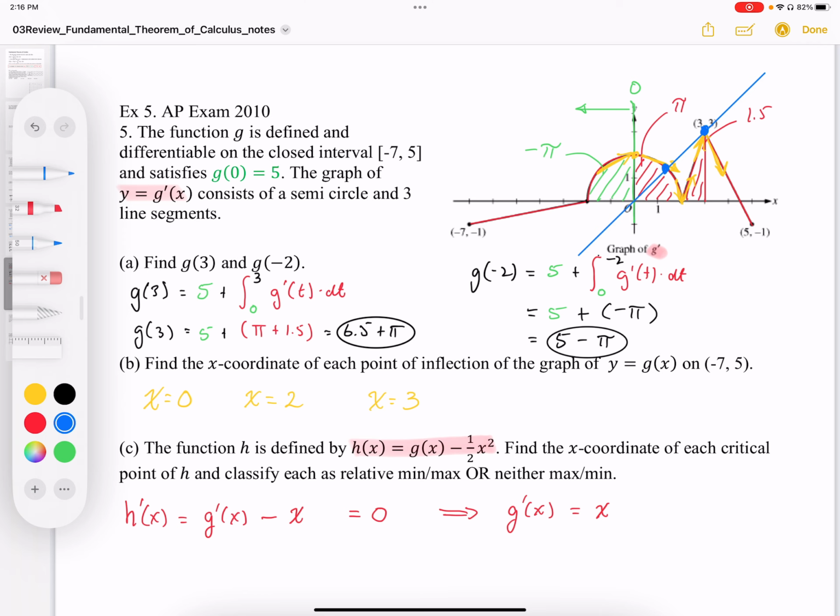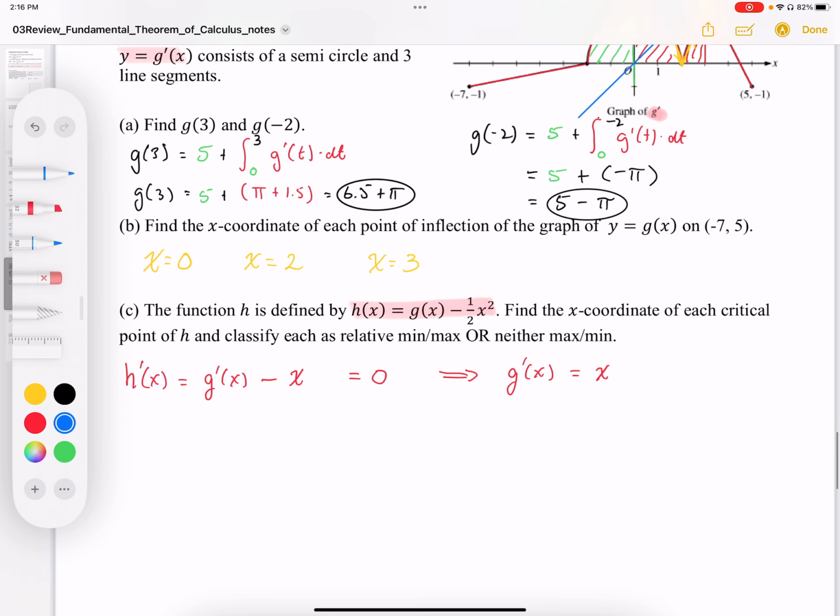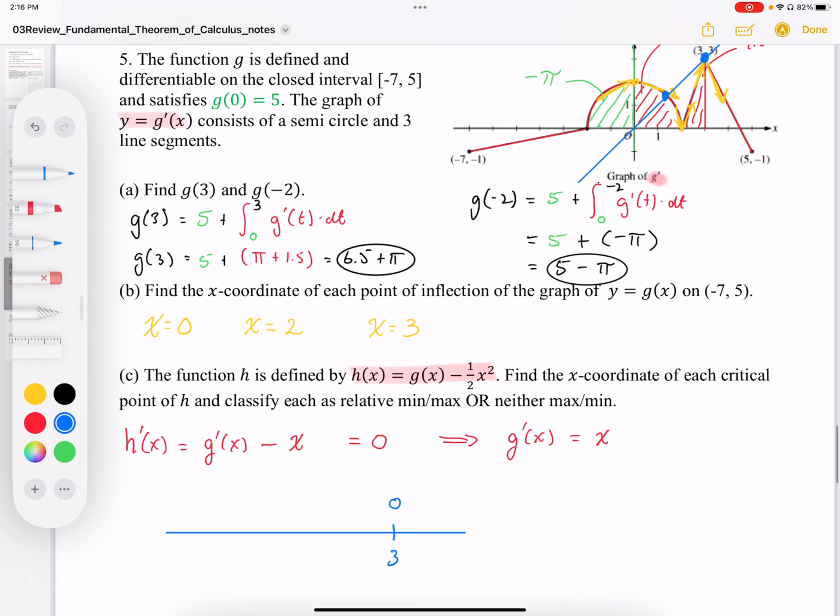Okay, so I'm just going to start with my slope chart here. So we have at x equals 3, we have our h prime equal to 0. And we have another point on the circle, and since this is a radius 2 circle, I'm just going to draw it over here. The x-coordinate is going to be 2 divided by root 2.